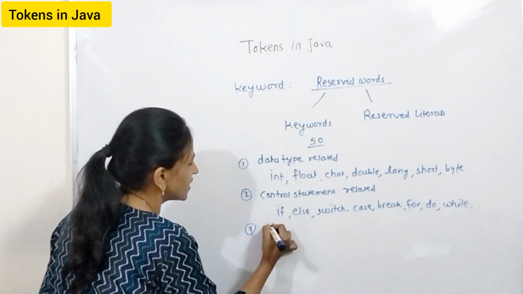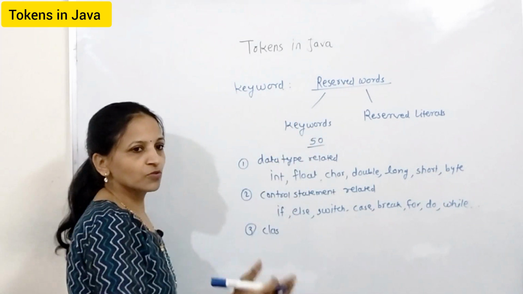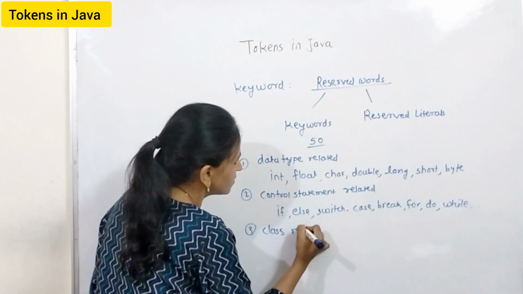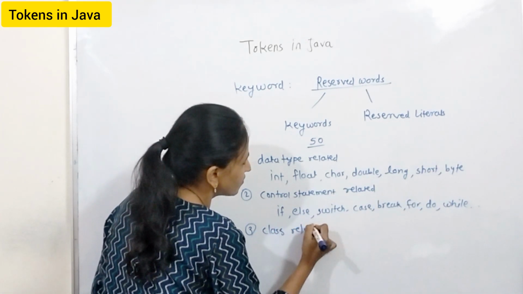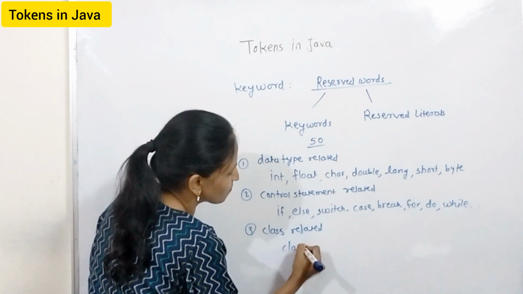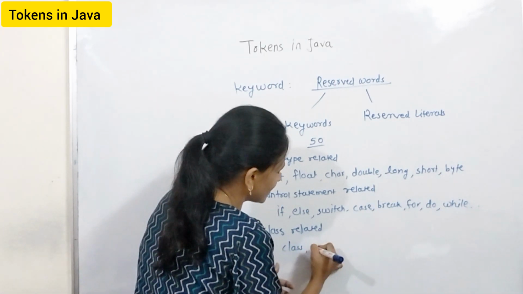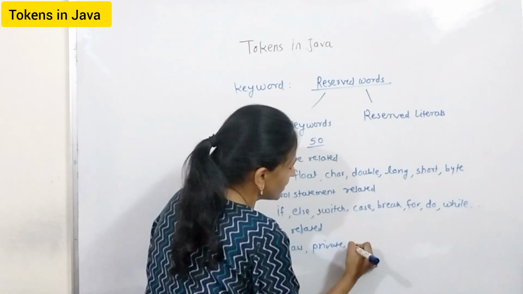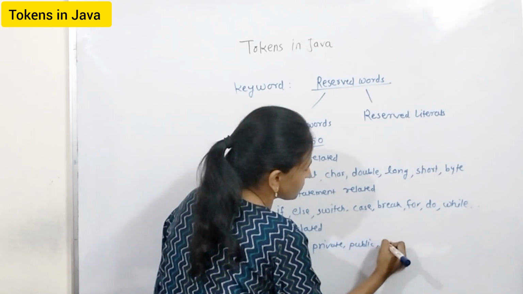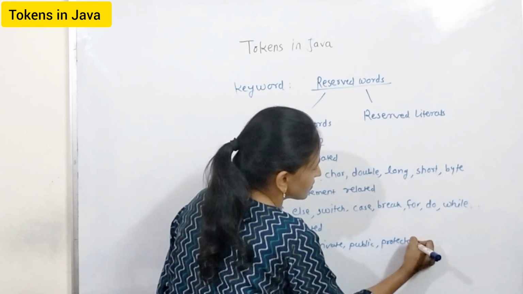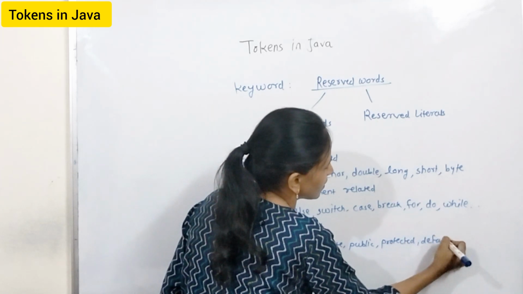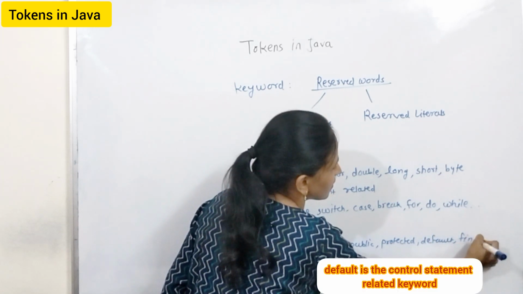In class related, some of them I am going to write here. Class related keywords: class is a main keyword. Then private, public, protected, default, then final.